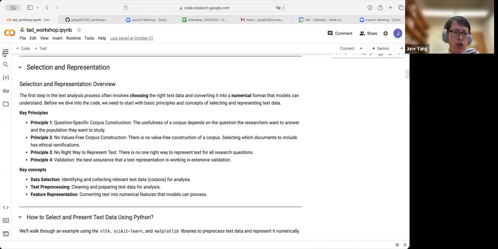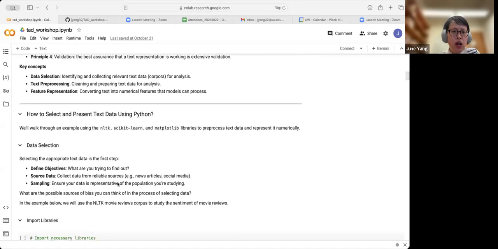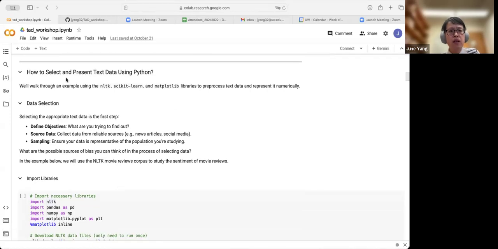How do we select and represent text using Python? We will mainly walk through an example using the NLTK, scikit-learn, and matplotlib packages. Matplotlib is a little bit like ggplot in R, which is mostly used for plotting.